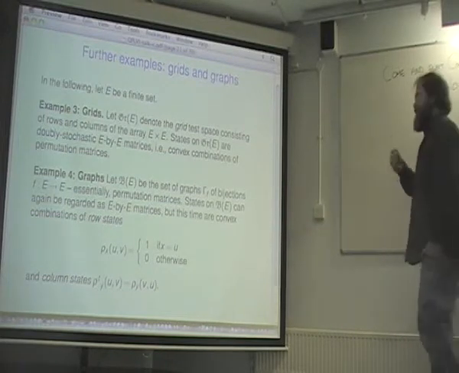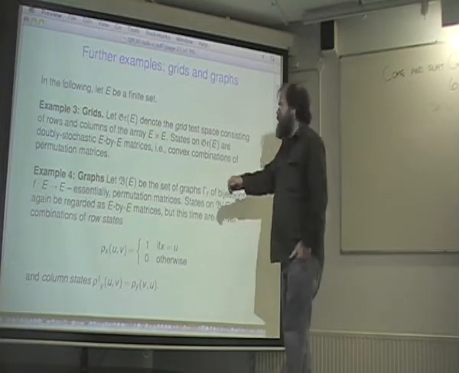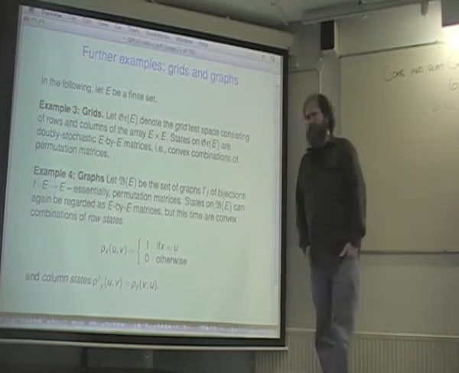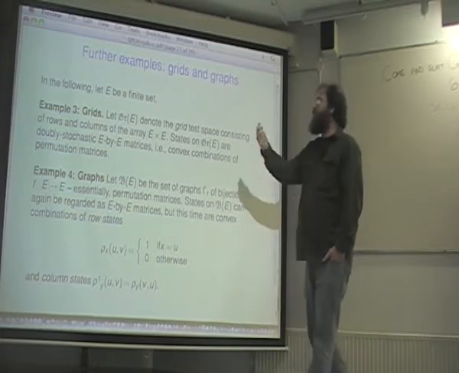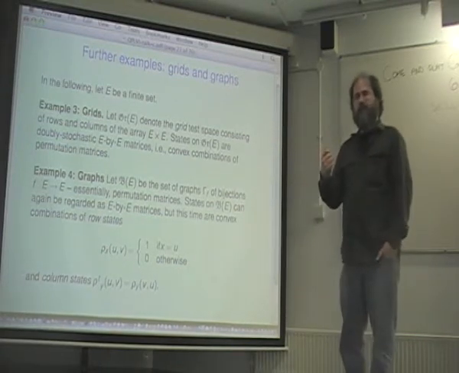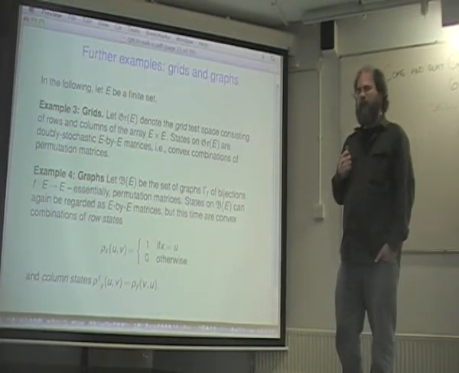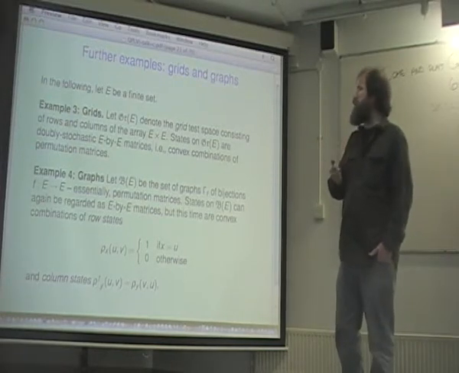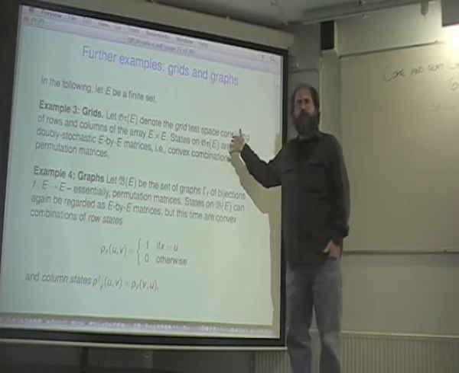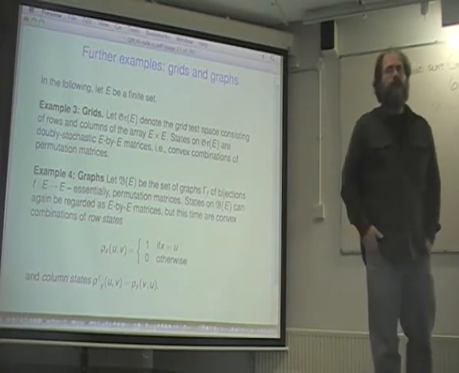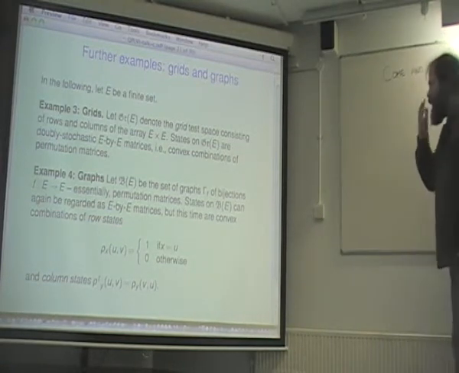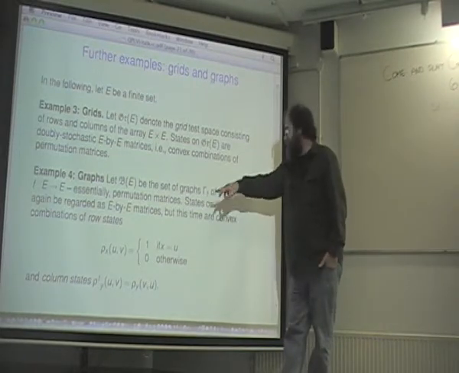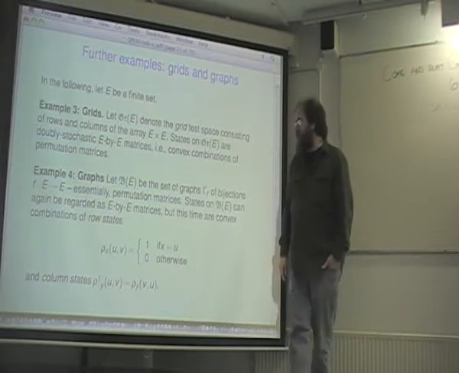slightly more interesting example. I'm going to let Fraktur B of E be the set of graphs of permutations of E. Precisely the sets whose characteristic functions would be the permutation matrices that were the extreme points in the state space in the previous example. If F is such a permutation, a bijection from E to E, let gamma sub F be its graph.